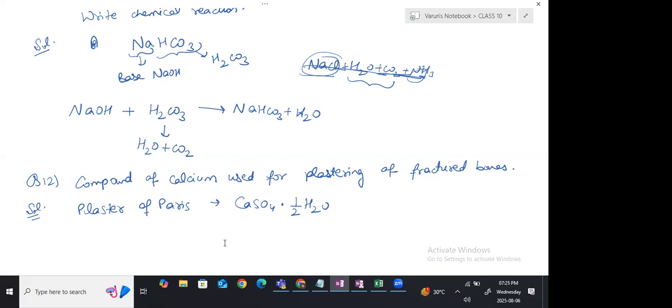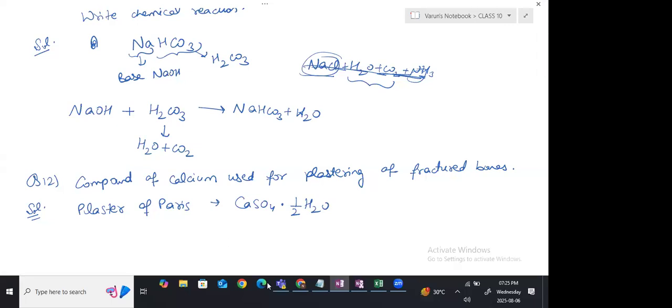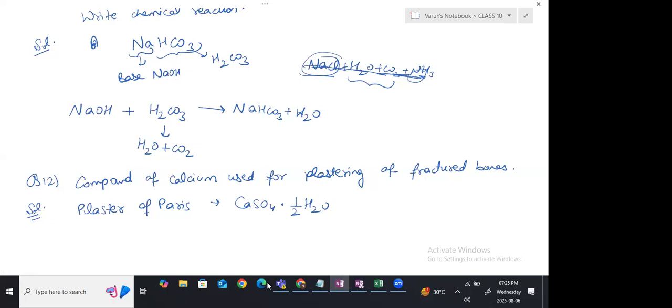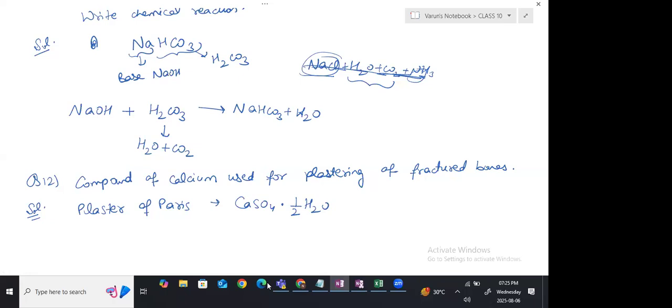Harshit, tell me what is a family of salts? Explain it with the help of an example. There are two families of salts. One is of sodium and one is of potassium. Give me any example. NaCl and potassium. So how can we say that it is a family of salts?